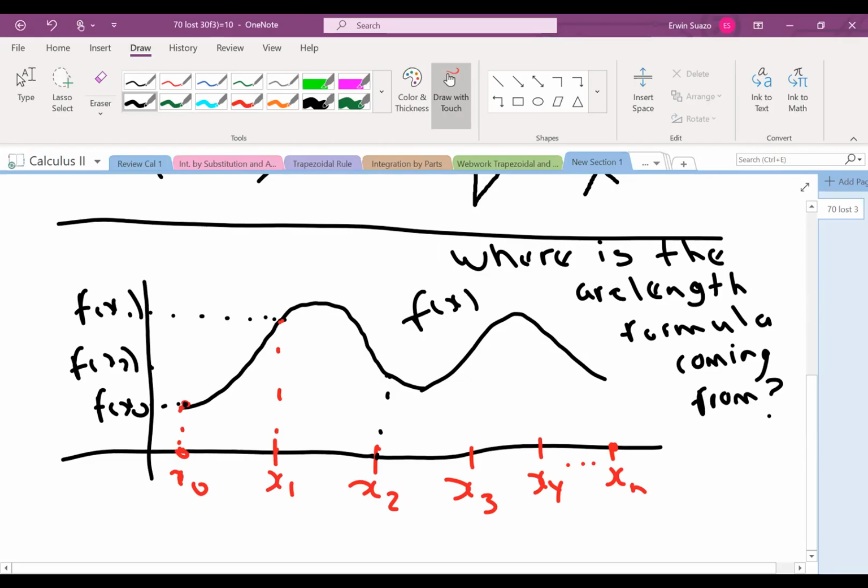So this point in particular is x0, comma f of x0, correct? Now this point over here is x1, f of x1. This point over here, x2, comma f of x2, and so on. Okay.